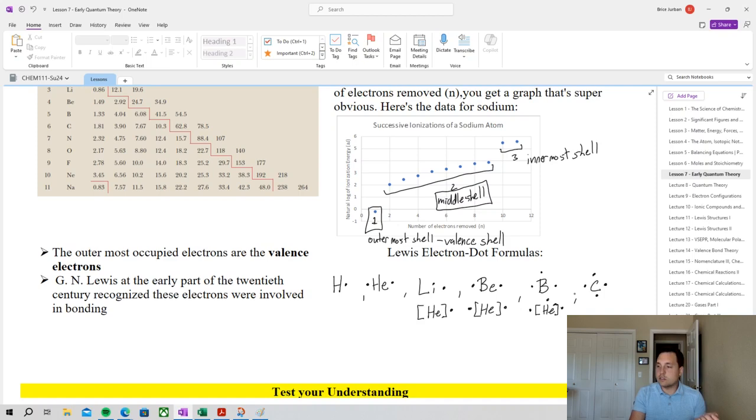We can continue to do this with the rest of the second row. Let's go ahead and just do that. So we'll have nitrogen, oxygen, fluorine, and neon. And when we do these next ones, we'll have to start pairing up these electrons, and why we'll pair them up will be discussed very soon.